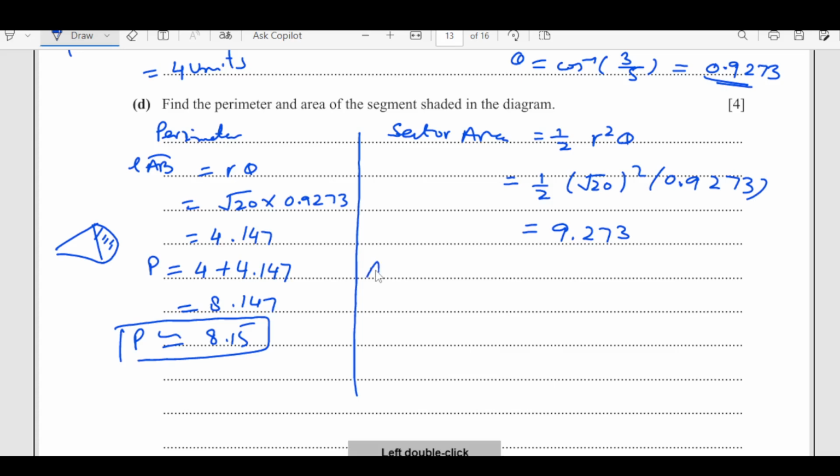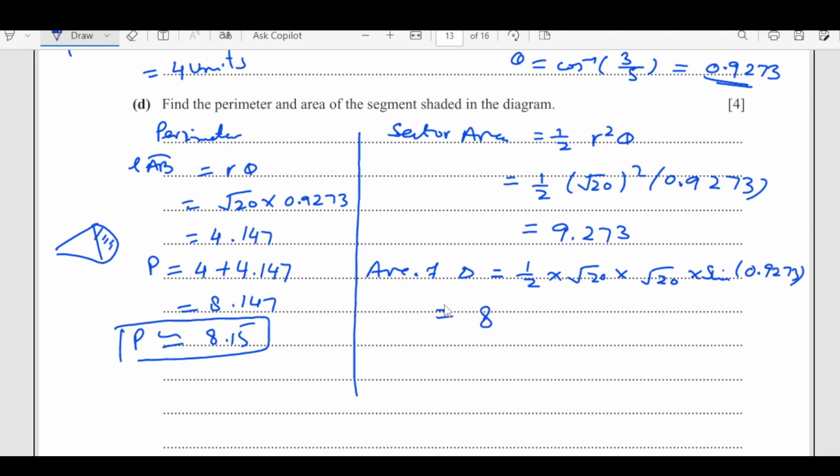So now the area of the triangle. Area of the triangle is half times square root 20 times square root 20. We are just going to use the half AB sine theta formula, with 0.9273. Once you calculate this, it will become 8.